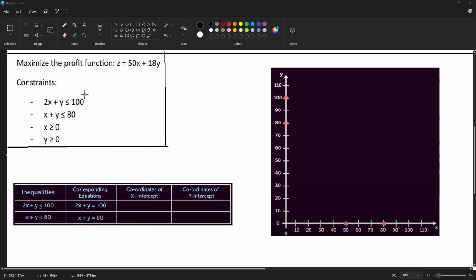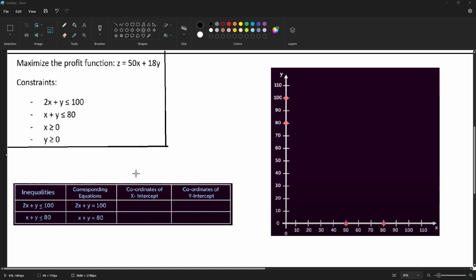So, for the given question, maximize the profit function z equals 50x plus 18y, and the constraints are 2x plus y is less than or equal to 100, x plus y is less than or equal to 80, x is greater than or equal to 0, and y is greater than or equal to 0.